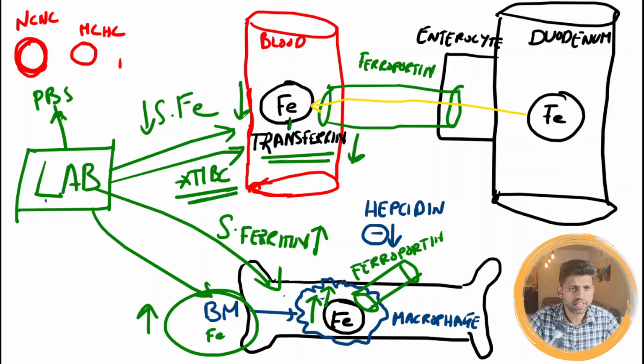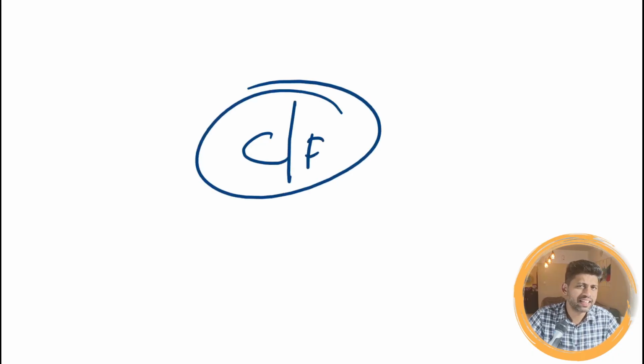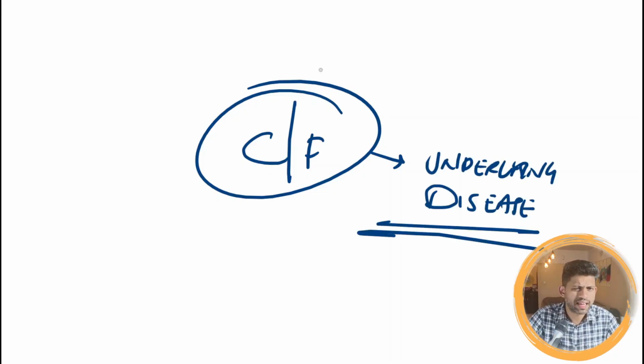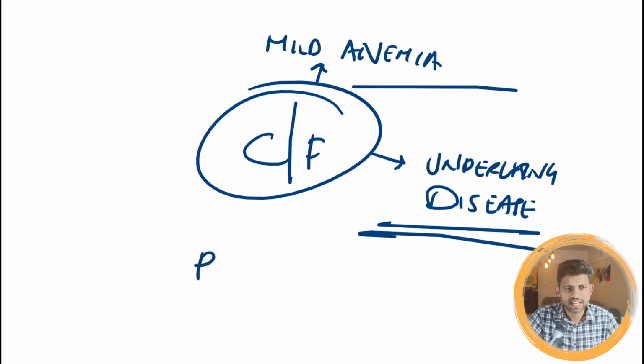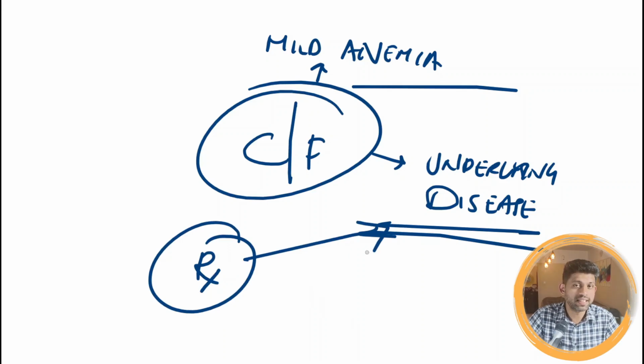Anemia is usually mild in anemia of chronic inflammation. Clinically, here the symptoms of the underlying disease predominate and you get mild anemia. And treatment is treatment of the underlying disease. Some patients do benefit from a little bit of erythropoietin.